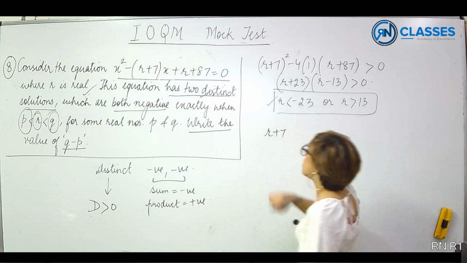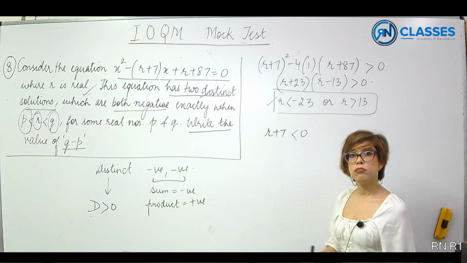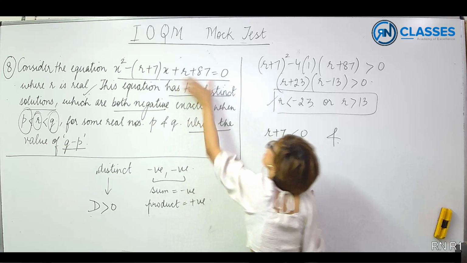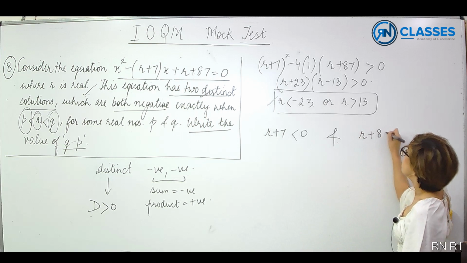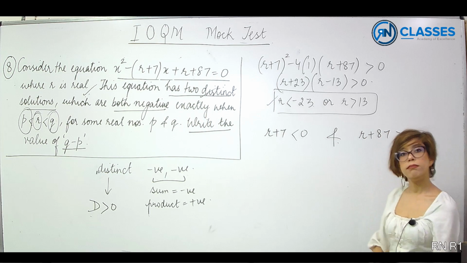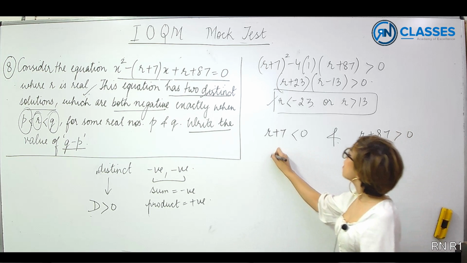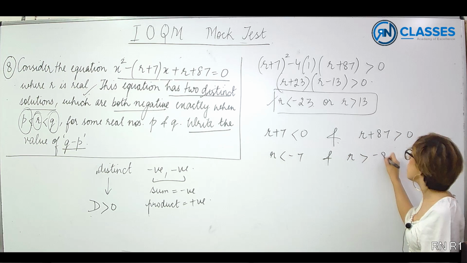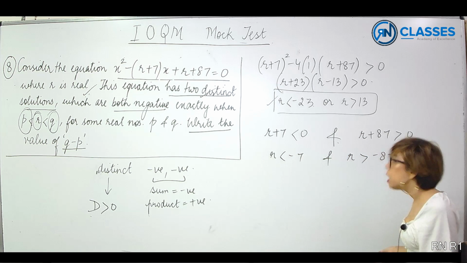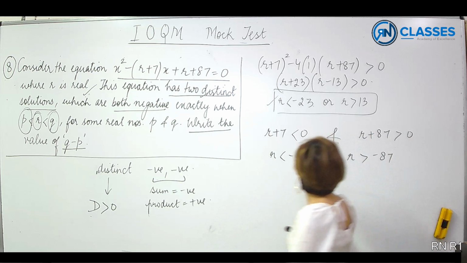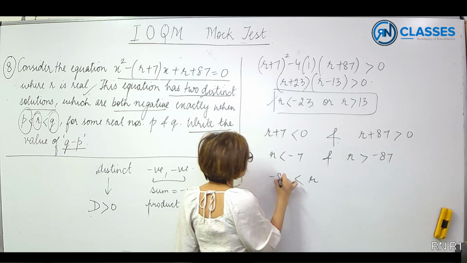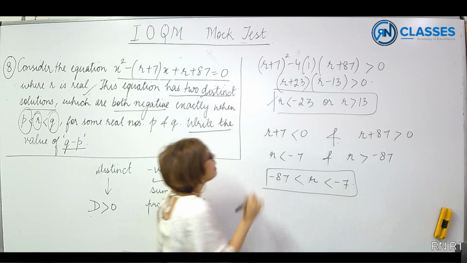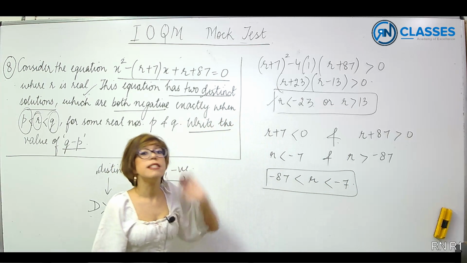R plus 7 is negative, that means less than 0. Right? And at the same time, he says product is positive. Product is nothing but R plus 87. Positive, greater than 0. Right? From here, I can say R is less than minus 7 and R is greater than minus 87. Right? That means if I combine the two, I can say that R lies between minus 87 and minus 7.